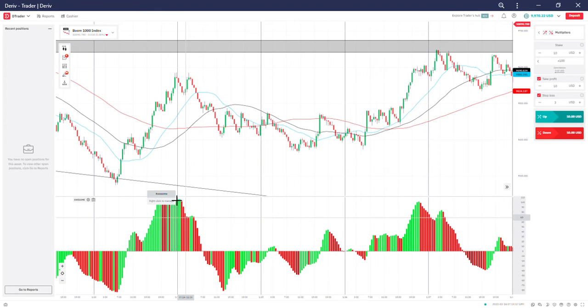Now if I was to apply a sell entry here using this crossover strategy, I would have executed my sell entry on this level. Once again I'm trying to insist that the awesome oscillator does not give you the exact entry point.